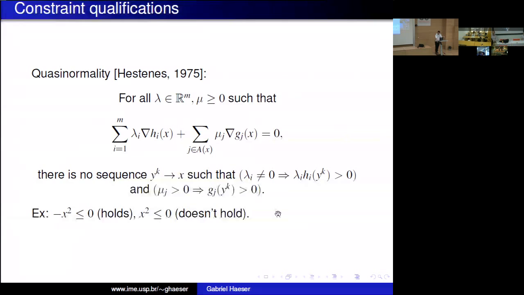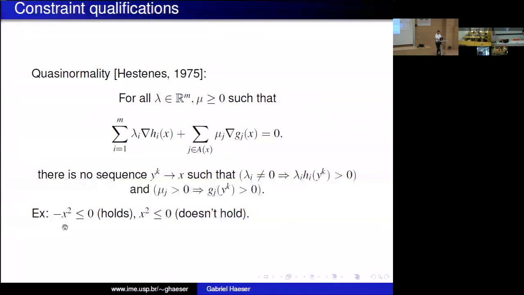So with that idea that we used in the external penalty method, you have some formula for the lambda k. It depends on the function h, and you can prove that if this is the case, you are converging to a KKT point. And okay, in this case, this condition holds because there is no infeasible point here.